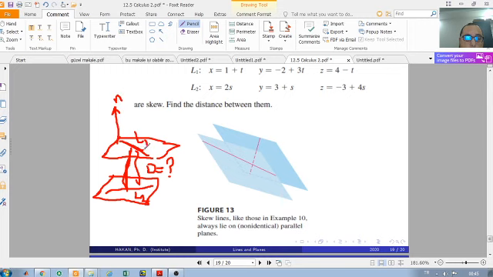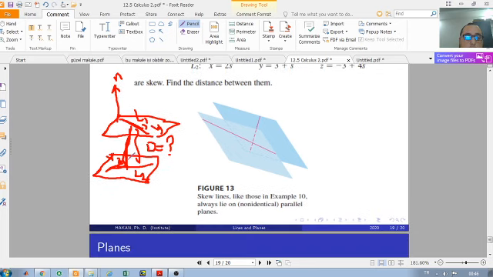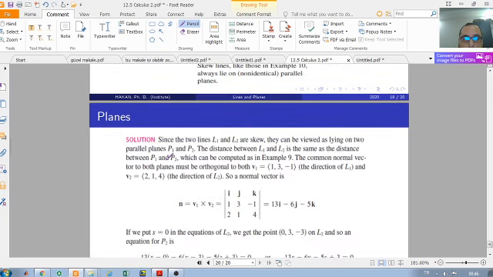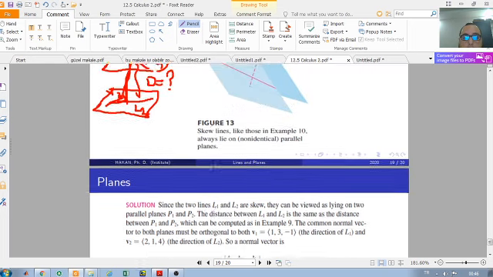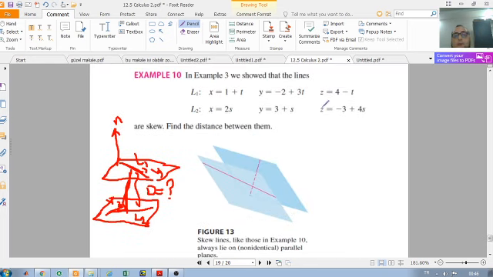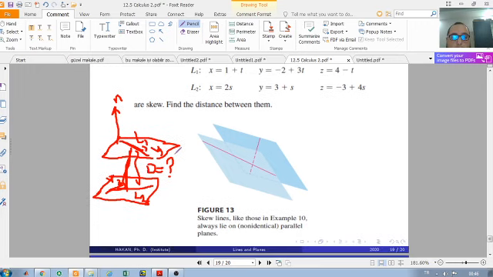Okay, this is the direction vector v1. For example, this is v2. The cross product of v1 and v2 will be the normal vector of the planes, because this will be a vector that is orthogonal to vectors v1 and v2. So by taking the cross product of them, we can find easily by using the parametric equations the direction vectors of them.